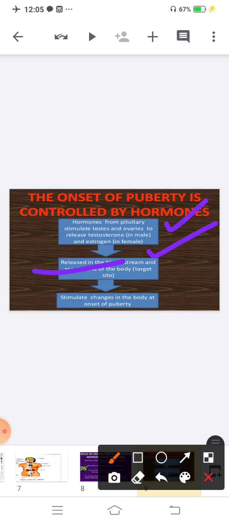So, if I tell you the importance of hormones in the life cycle of animals, you should learn metamorphosis in insects and in frogs. In insects, metamorphosis is controlled by insect hormones. In frogs, it is controlled by thyroxine, that is produced by the thyroid gland.